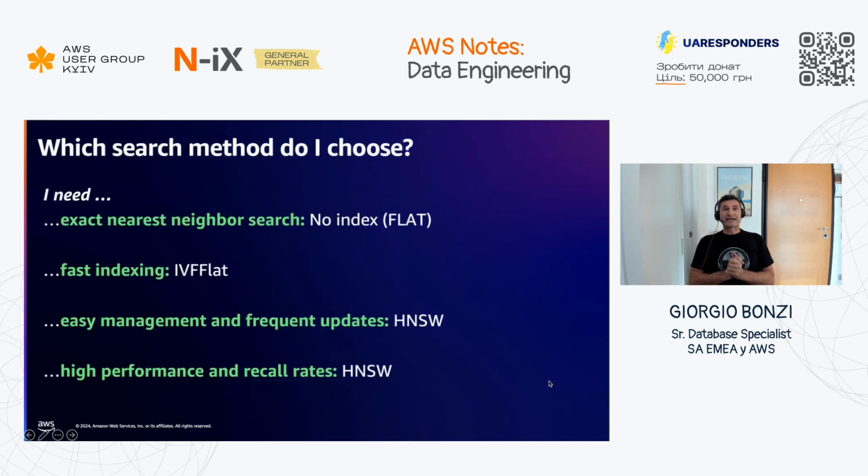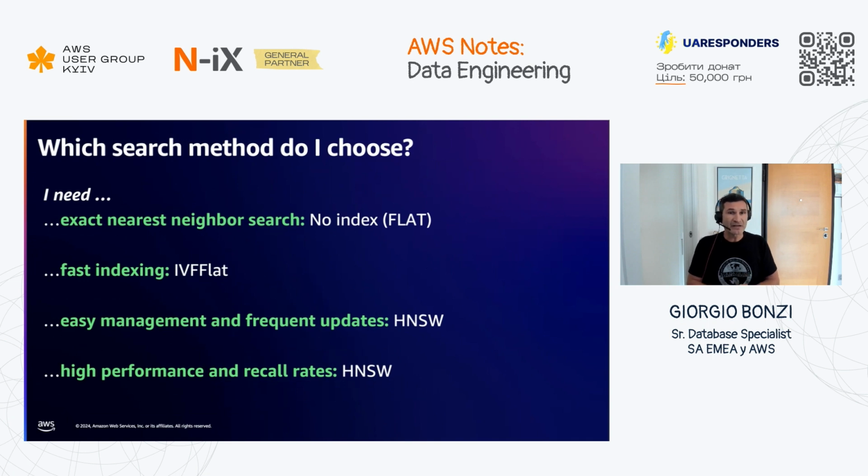Okay, well done. But which search method do I choose? If you want a 100% recall, what you have to do is execute an exact nearest neighbor search. So in this case, you don't need an index at all. Instead, if you want to increase the similarity search performance, you can use the approximate nearest neighbor search.